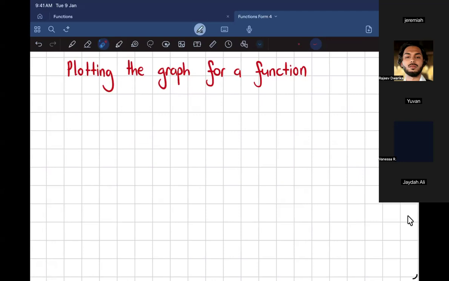If you want to plot a graph, it's very straightforward. Yvonne, I want you to give me a function. A simple function. We can start off real simple. Give me a function. You have to include x in it.